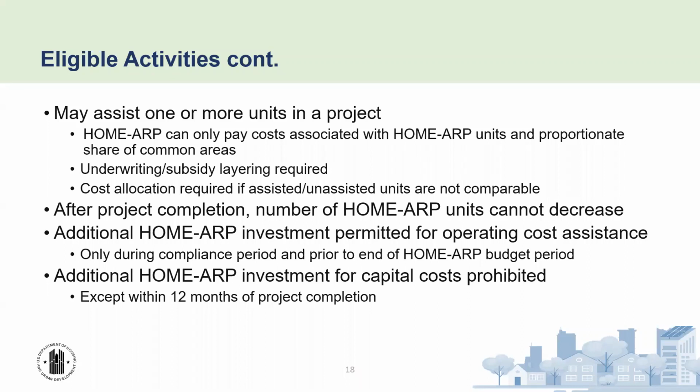During the HOME-ARP minimum compliance period, but prior to the end of the September 30th, 2030 HOME-ARP budget period, the PJ can invest additional HOME-ARP funds to provide operating cost assistance, but is prohibited from investing additional HOME-ARP funds for capital costs, except within the first 12 months of project completion. Following completion of the project, the number of HOME-ARP units in the project cannot be reduced. Next slide.